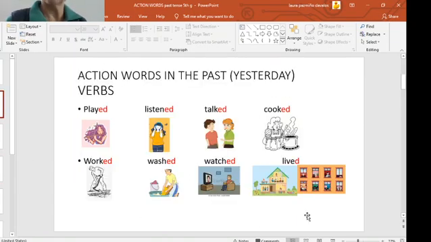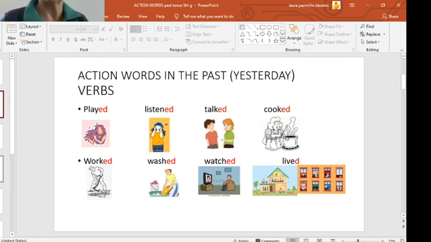Voy a escoger otra. Miren esto. ¿Ya? Live. Lived in the past tense. Lived. Miren esto. House and apartment. Right now, present, I live in an apartment. Ok, les voy a dar un ejemplo. I, pasado, lived. I lived in a house.